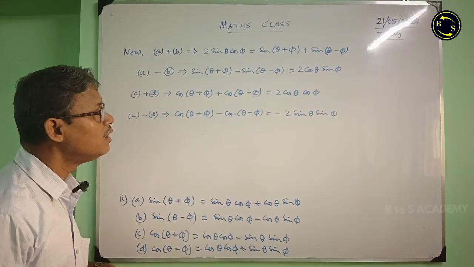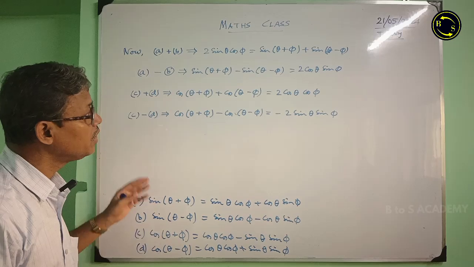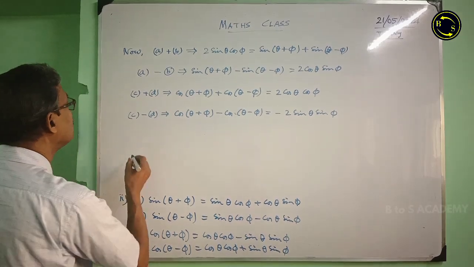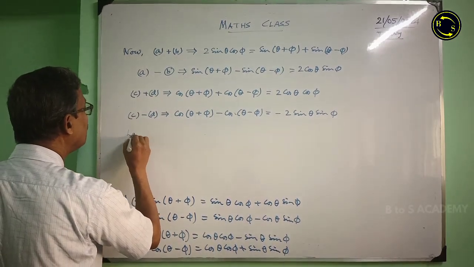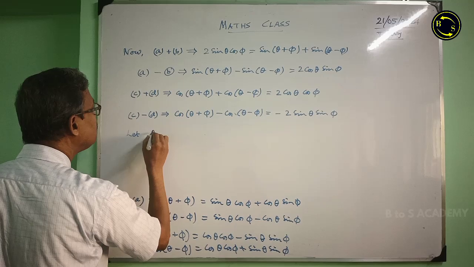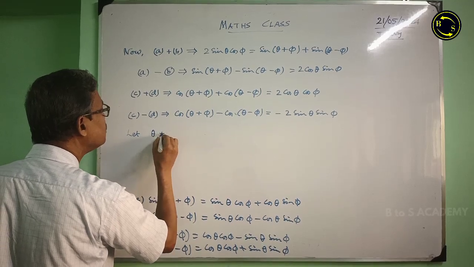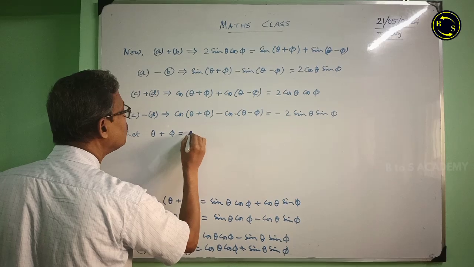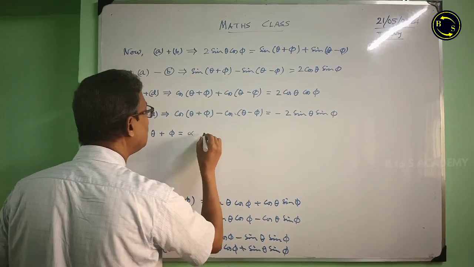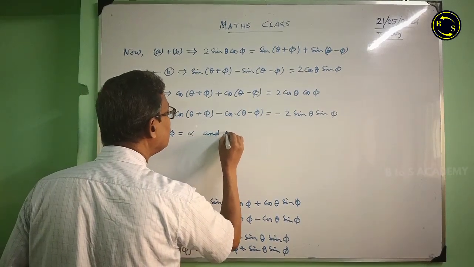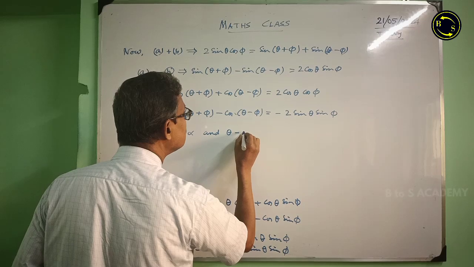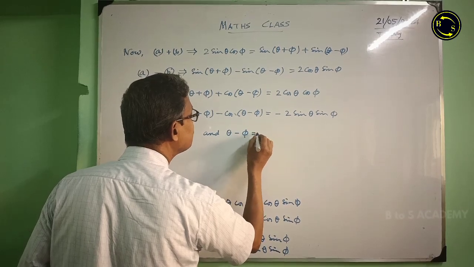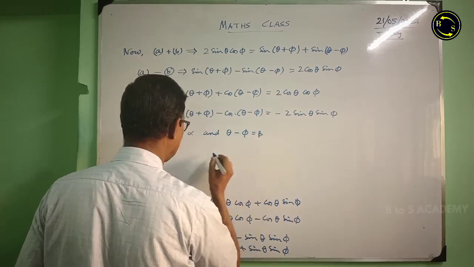Next we are moving to get new identities. Let theta plus phi be equal to alpha and theta minus phi be equal to beta.